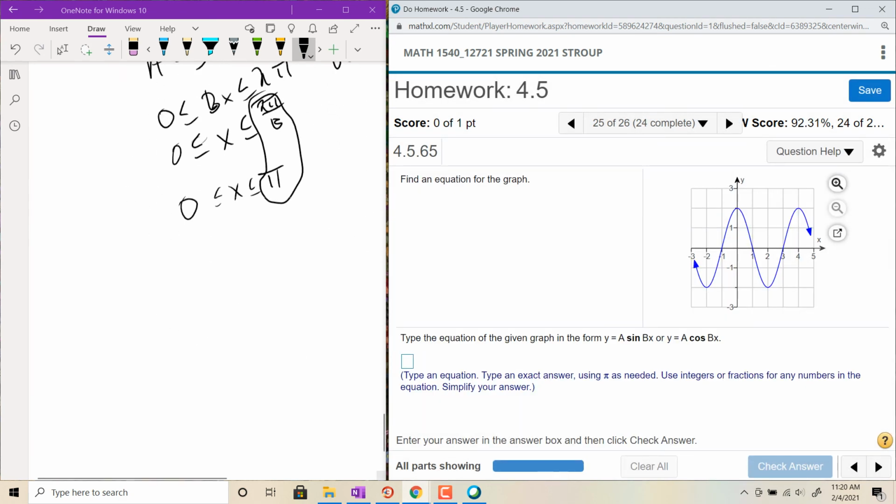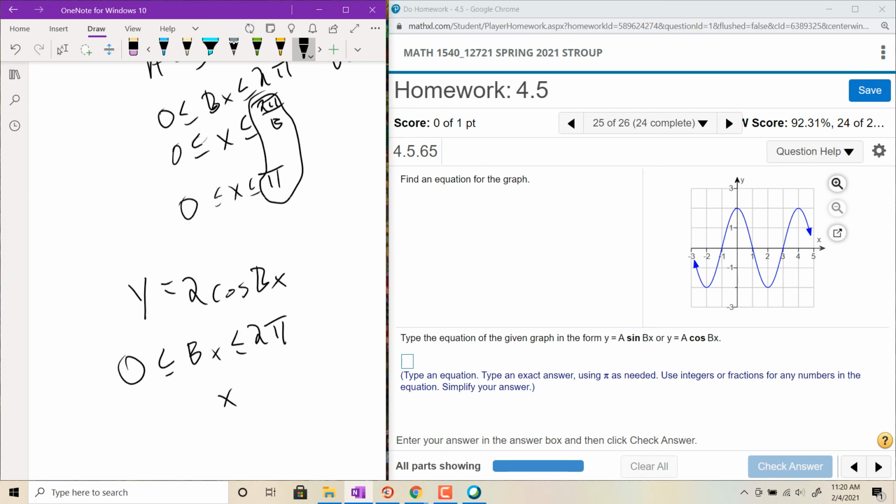Same kind of problem? Yeah. So this one is a cosine. Amplitude looks like 2. If this was in between 0 and 2 pi, this would be 2 pi over b. And looking at the graph, the period goes all the way to 4. So the 2 pi over b in this case is 4.